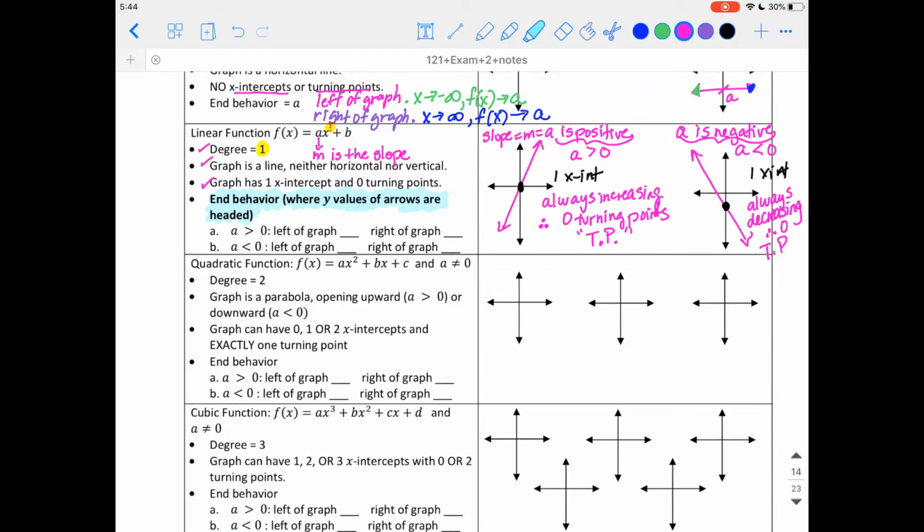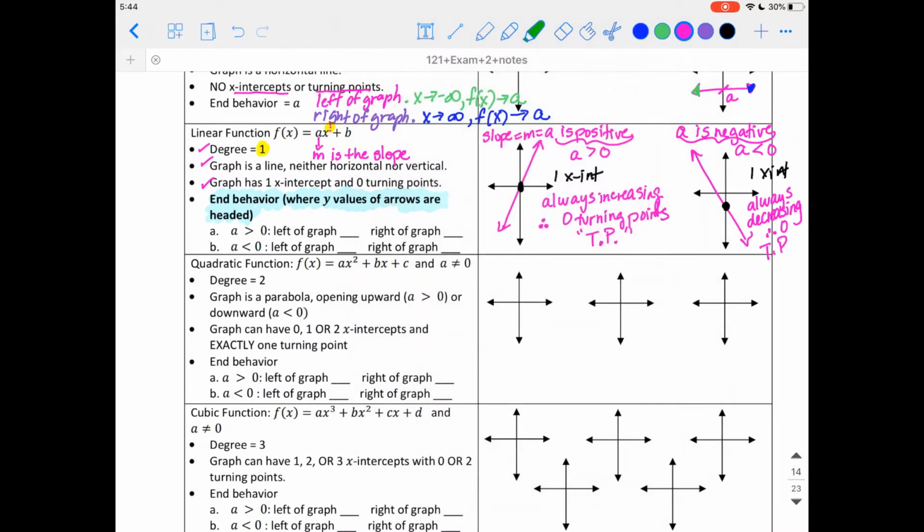So if a is greater than 0, which means that your a is positive, which in this case is your slope is positive, then the left of the graph.